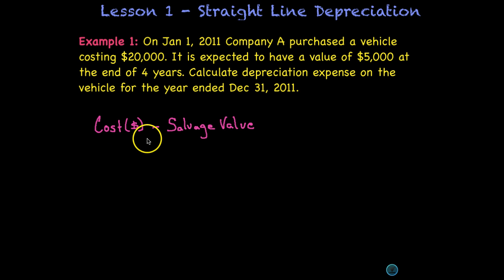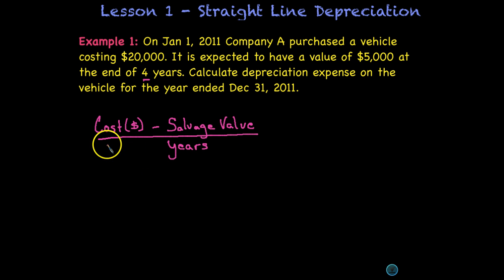Once we do that, we have the value of the asset that we are going to depreciate over time. In order to have even amounts of depreciation, remember we said that straight line is a uniform amount, the same amount every year. Then we need to divide by the useful life. In this situation, the useful life is 4 years, so we would divide by 4 years.